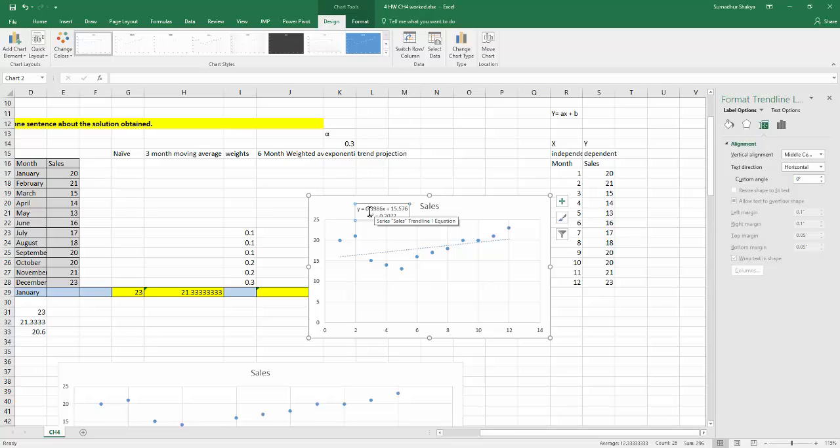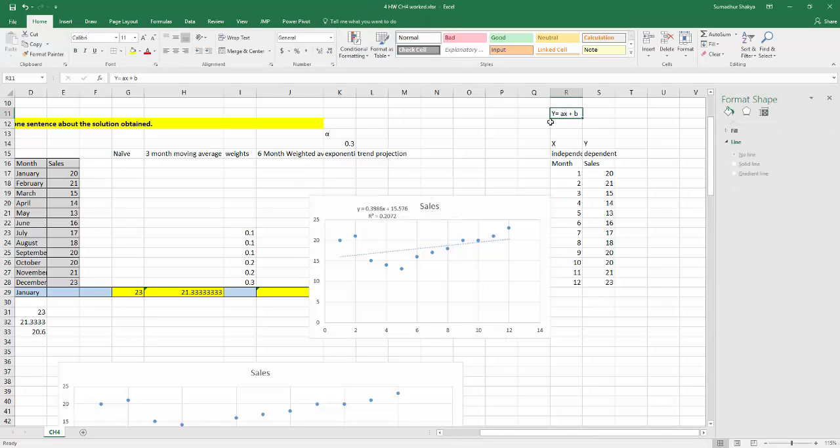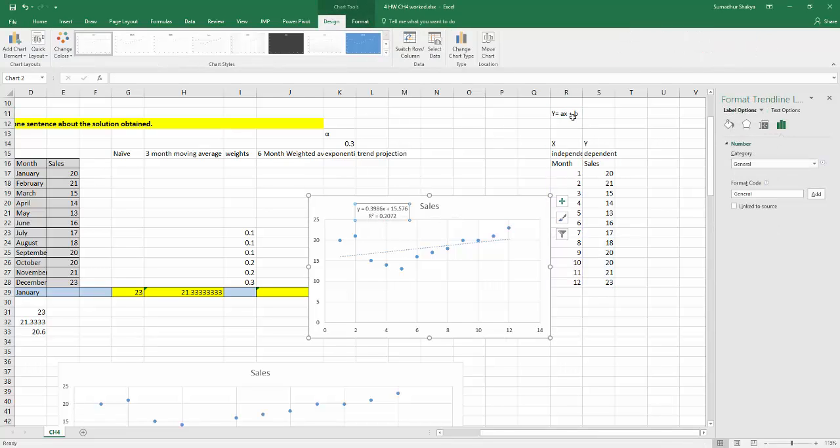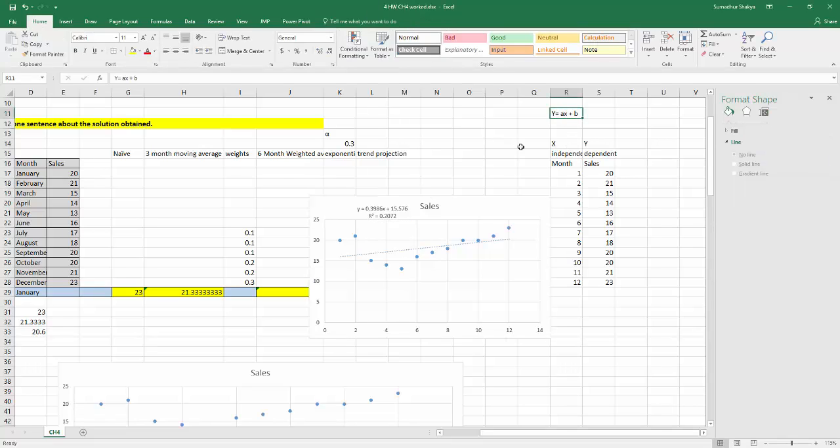That is how you'll get to see this. Now using this equation, if you compare this with this, you can find out that your slope is 0.3986 and your constant is 15.5. Okay, so let's write them down somewhere.